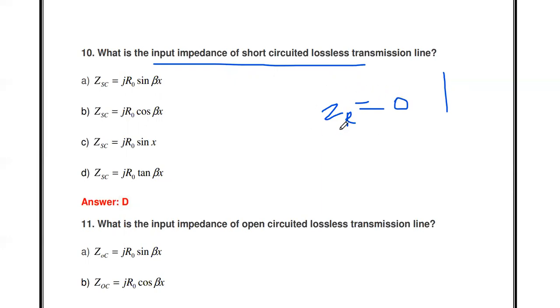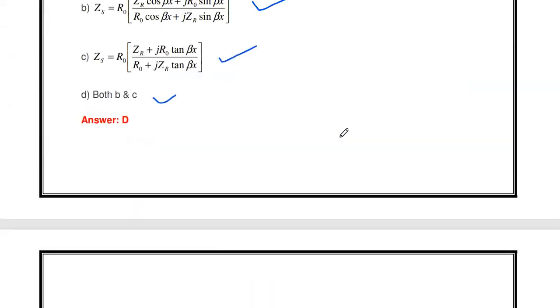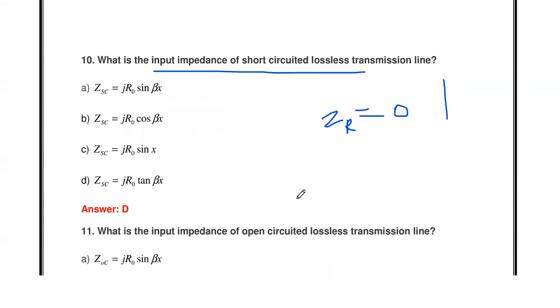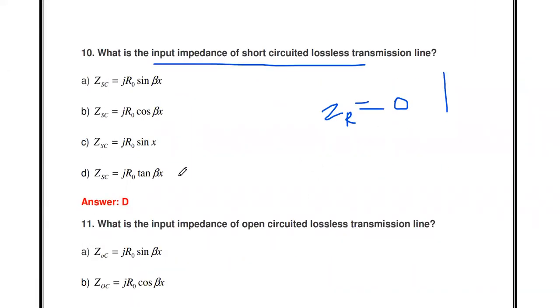So if you substitute ZR equal to 0 in the above ZS equation, either this or this, we may get R naught into j R naught tan beta X divided by R naught. So R naught cancels. We will get j tan beta X. Okay. So the answer is j R naught tan beta X. This is the short circuited impedance for a dissipationless line, that is, a lossless line.